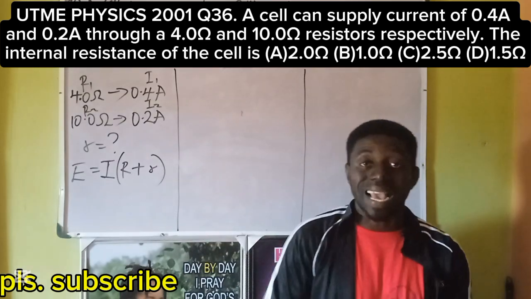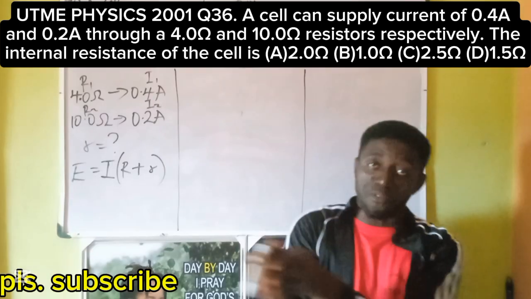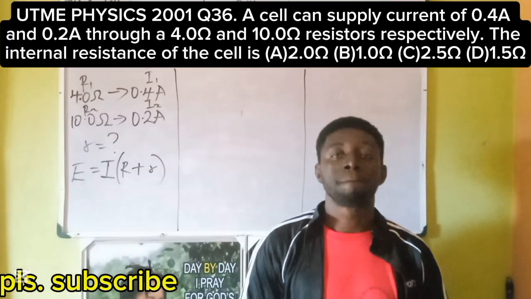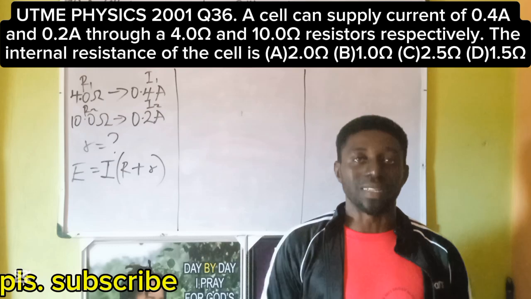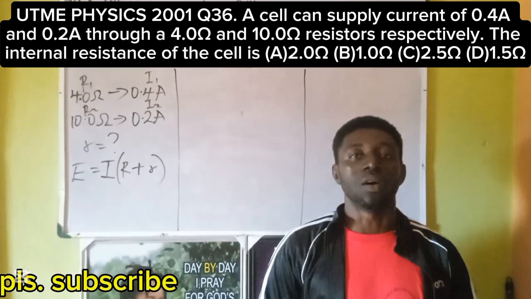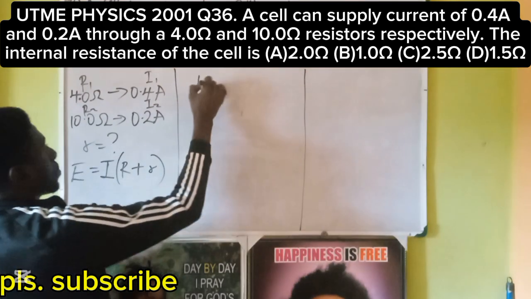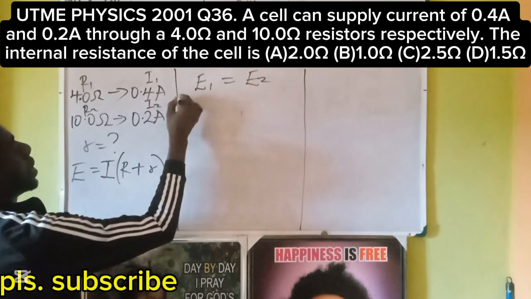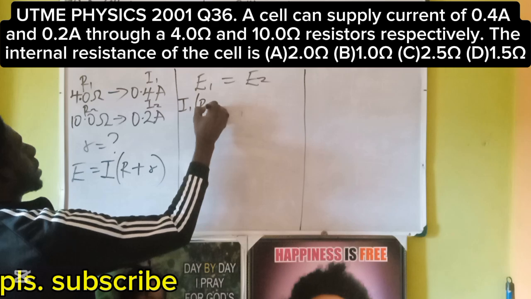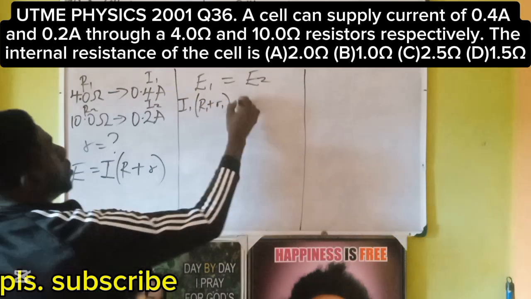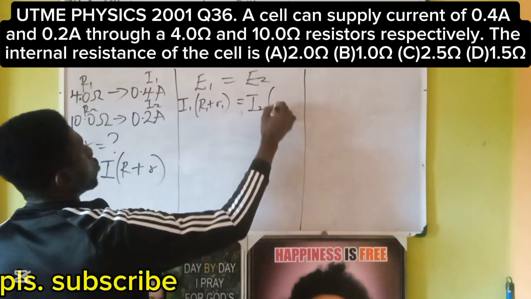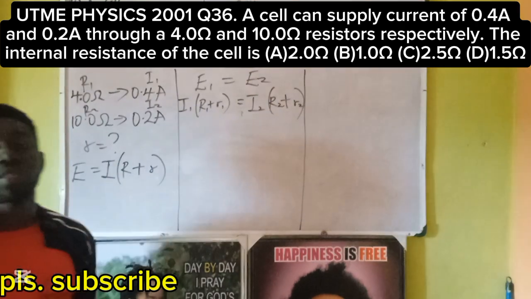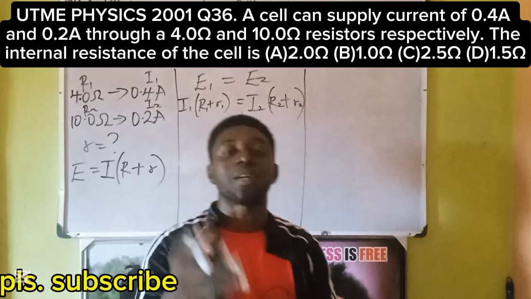I can now state clearly that the EMF in the first experiment is equal to the EMF in the second experiment. Both experiments have the same cell. That's what I mean by this: E1 is equal to E2. Then E1 would be I1 times (R1 plus r1) equal to E2, which is I2 times (R2 plus r2).